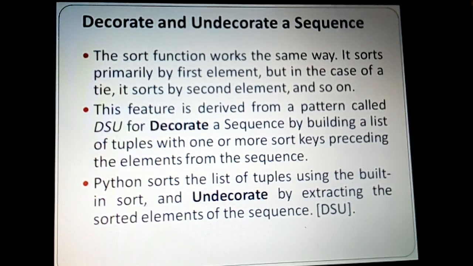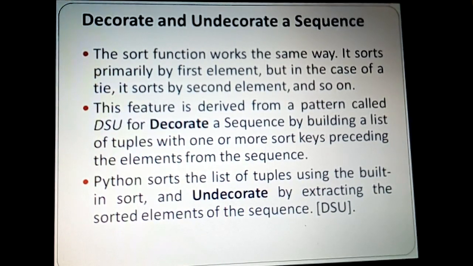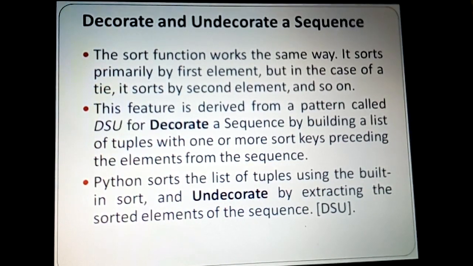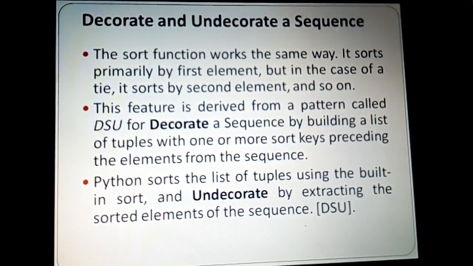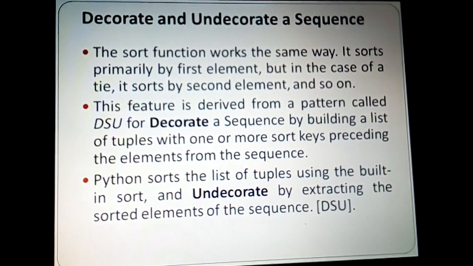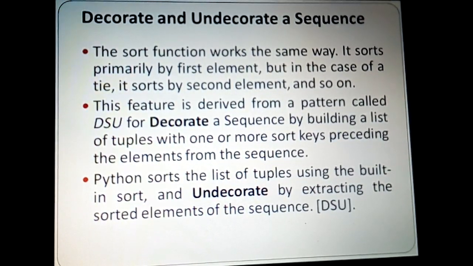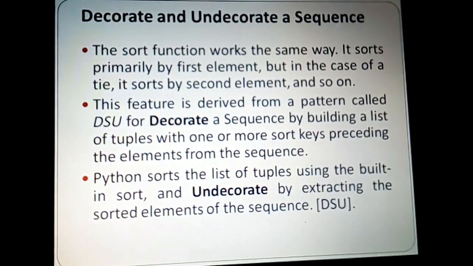Let us say the order is descending, the largest length first. So how do we achieve this using this mechanism, wherein sorting can be done in the reverse order, or for that matter, undecorating the sequence? Let us go to the example here.